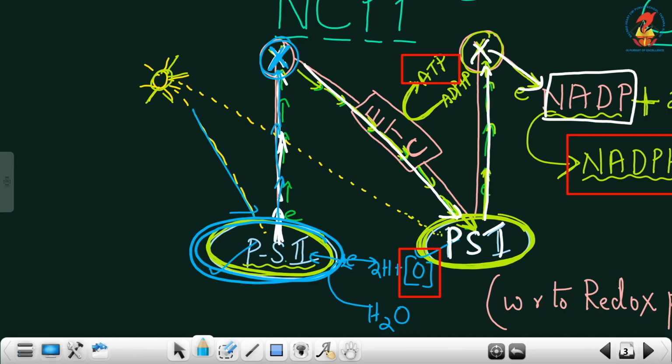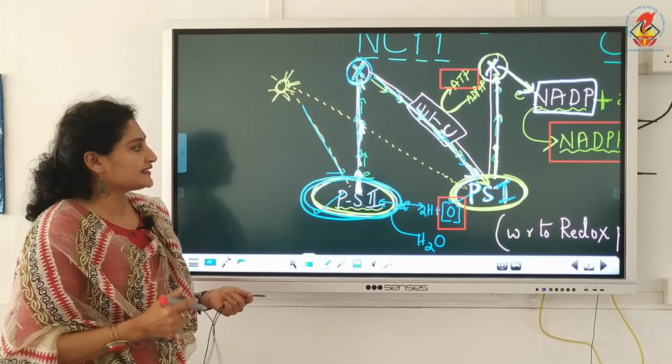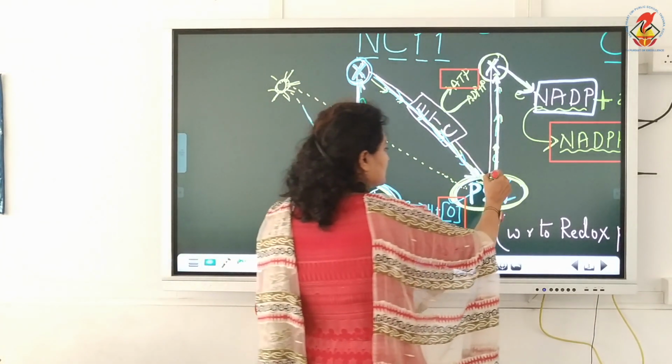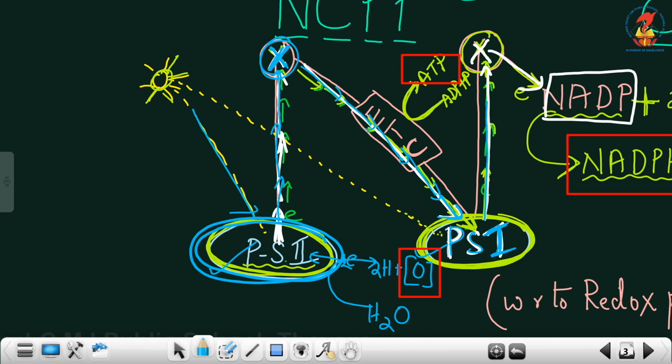Okay. So just remember, it goes uphill and it is accepted by an electron acceptor X. Now from this electron acceptor X, the electron travels downhill through an electron transport chain to photosystem 1. Simultaneously, what happens to photosystem 1? Photosystem 1 is also illuminated by the sun's light and an electron is lost. And this electron that is lost is replaced by the electron from photosystem 2.